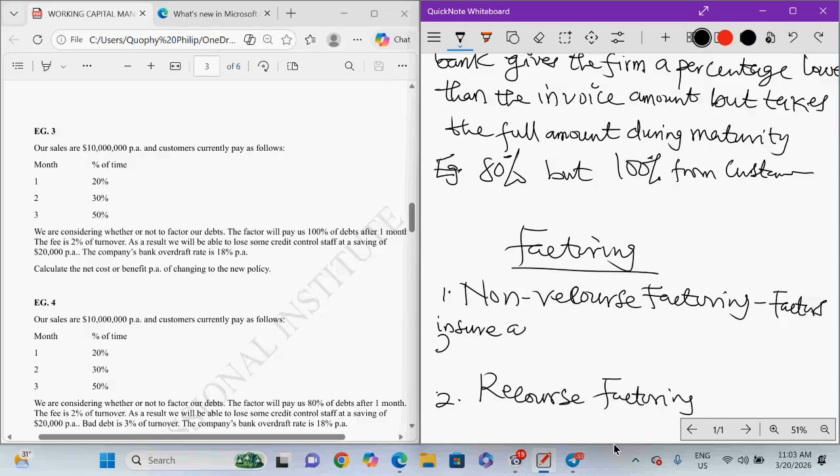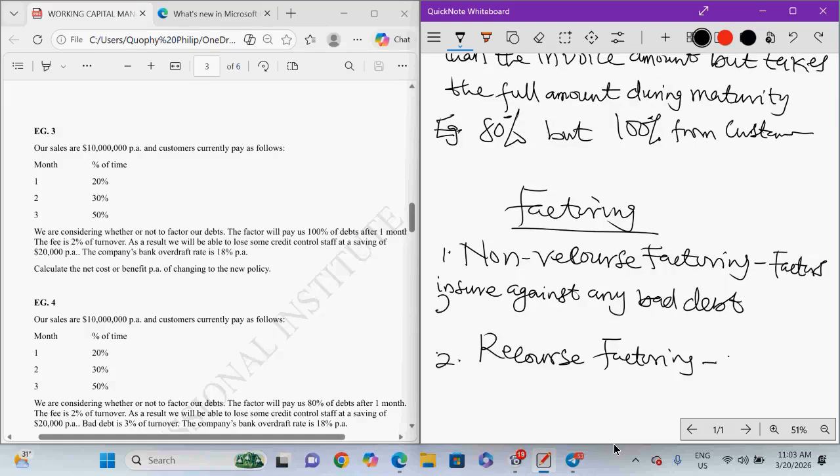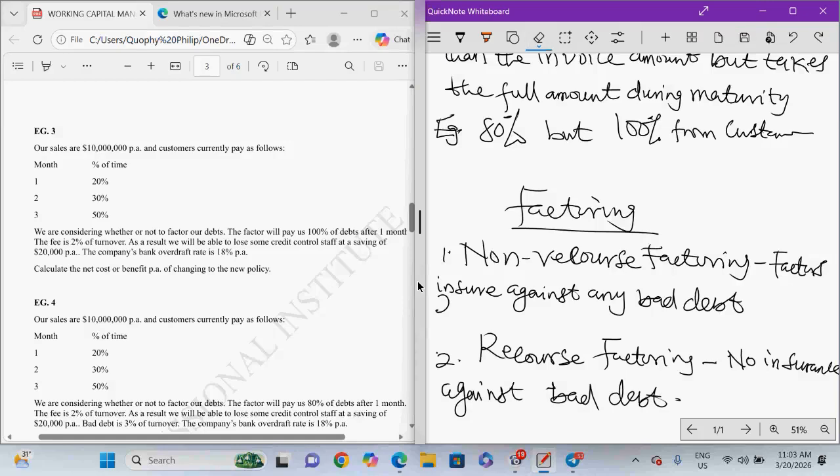bad debts, any bad debts. Debt factors insure against any bad debts. But with the recourse factoring, there is no insurance against bad debt.